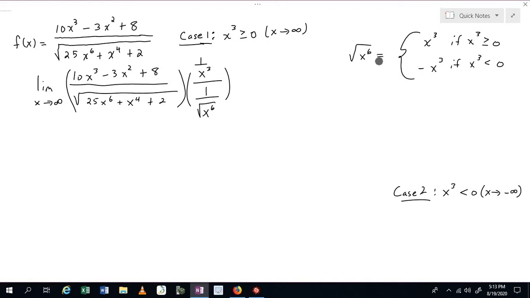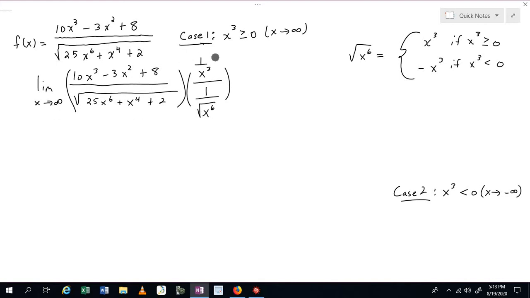The square root of x to the 6th is a piecewise function. It's equal to x cubed if x cubed is greater than or equal to 0, but it's equal to negative x cubed if x cubed is less than 0. In the case we're in, x is heading towards infinity.